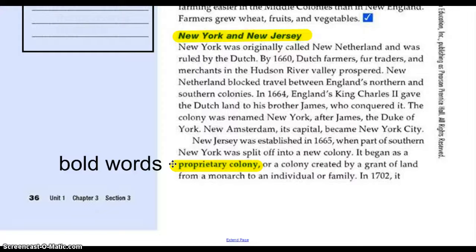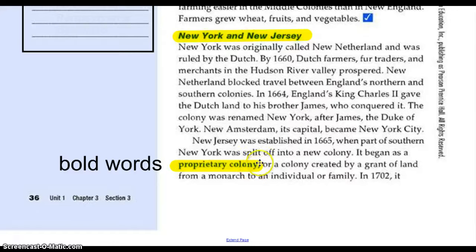individual or family. So let's pause here for a second because I want to look at this word that we already highlighted because it was a bold word, proprietary colony. And this is an example of how you can use context clues to figure out what a word means, even if you don't know already. So right after it, we can tell it has a comma right after this group of words.